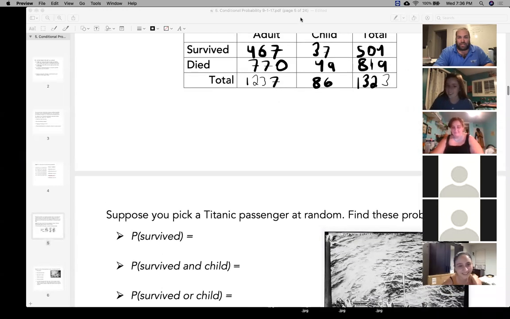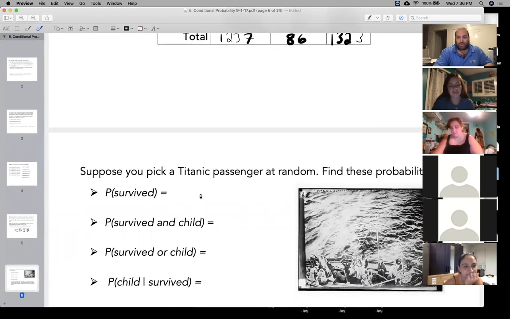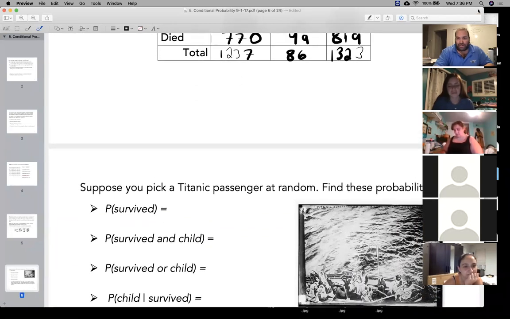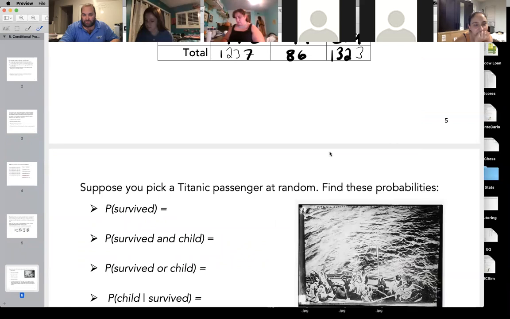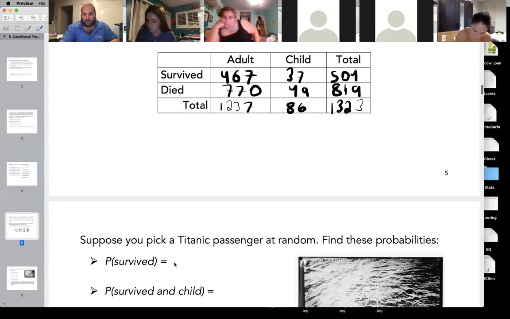So now, next line, it goes, suppose you pick a Titanic passenger at random. Find these probabilities. First, what is the probability that the person survived? 504. That can't be a probability because probabilities have to be between 0 and 1. Oh, 504 over 1323?